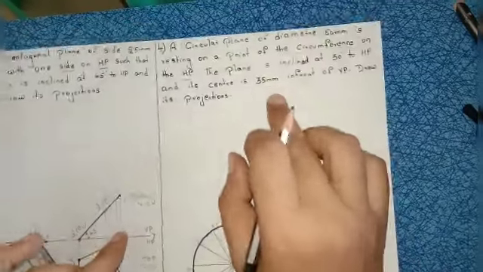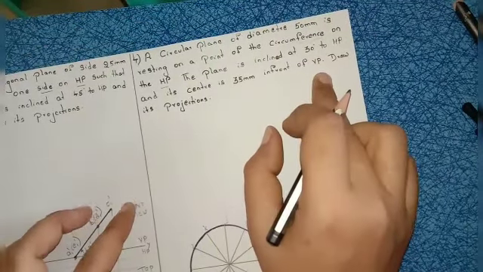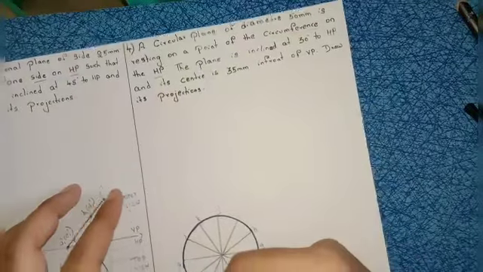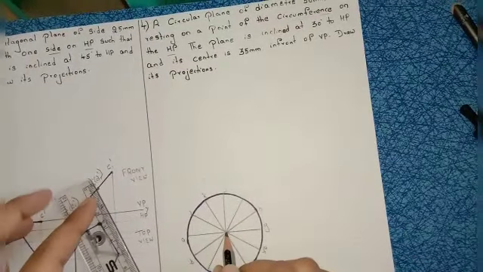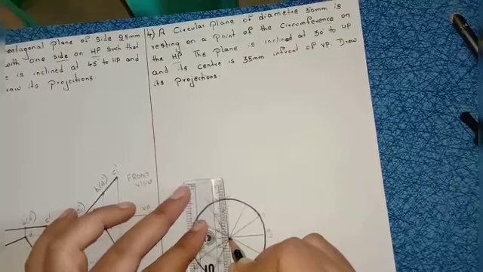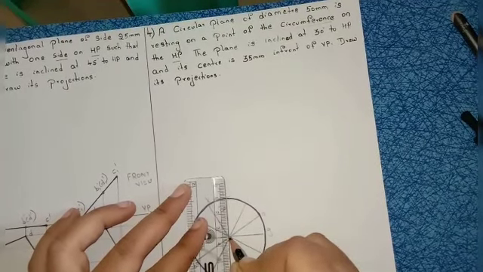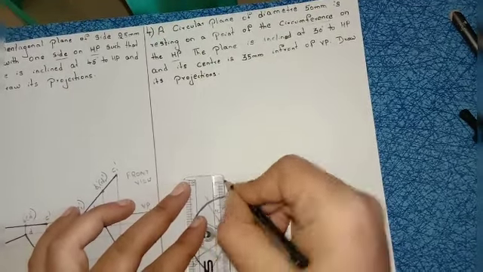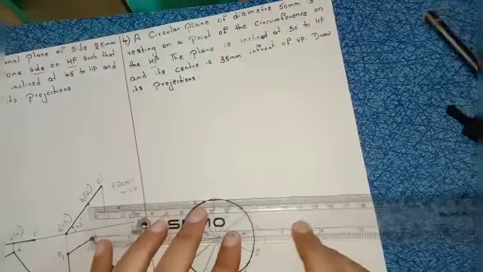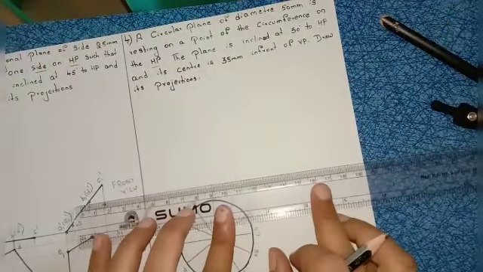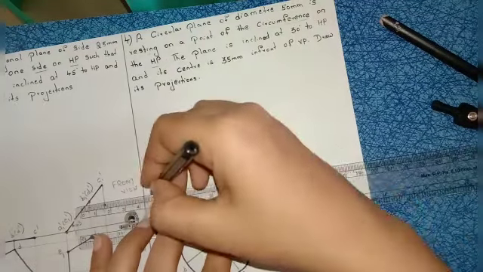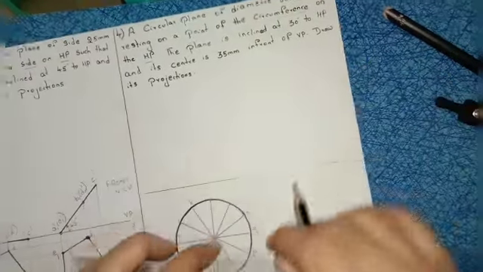Here they mention the distance 35 mm in front of VP. In front of VP means downwards. This is the center of the circle. From the center of the circle, take a 35 mm distance and mark the point. From here draw the reference line of any length.